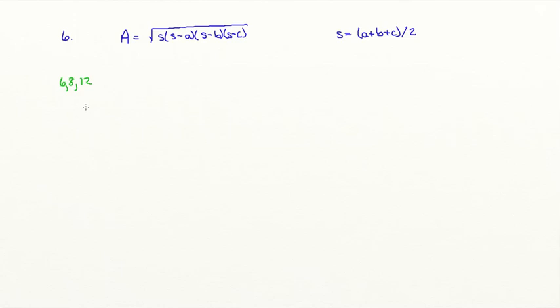Okay, so they're saying that the sides of the triangle are A, B, C. So let's say 6 is A, 8 is B, 12 is C. And to find this, we have A, B, C already. That's nice. We need to figure out S, so let's use this formula here to find S. A is 6, B is 8, C is 12, and divide that all by 2.